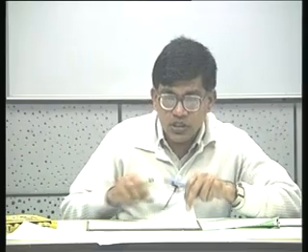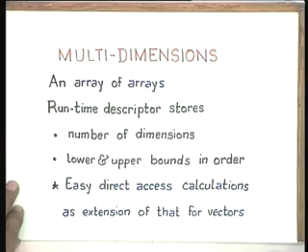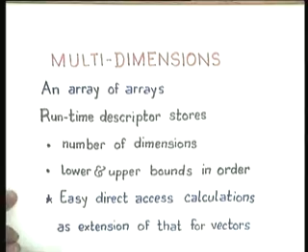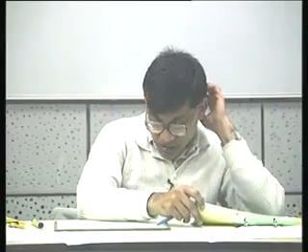So, in the case of multiple dimensions, again you can write an easy formula to do a direct access calculation of the address and separate it out into a translation time computable term and a runtime determinable term.